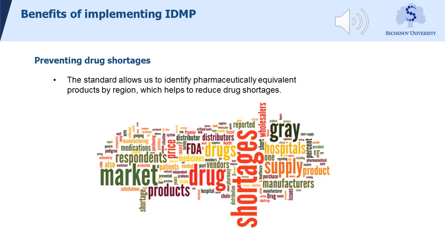The standards we're using allow us to identify pharmaceutically equivalent products by region, which help to reduce drug shortages in this region. So we can use one drug instead of another if it's available.